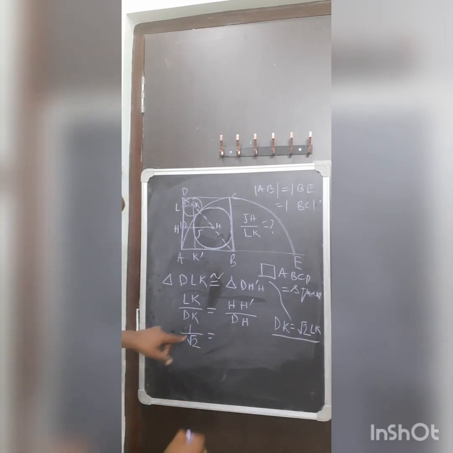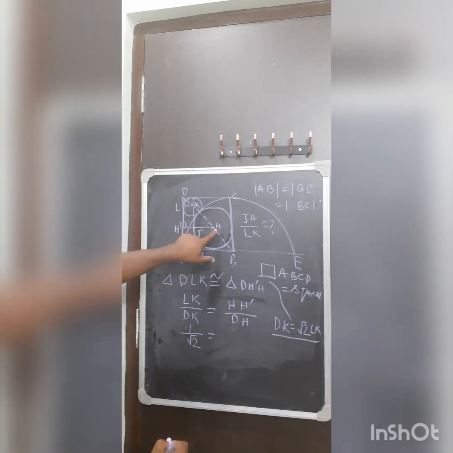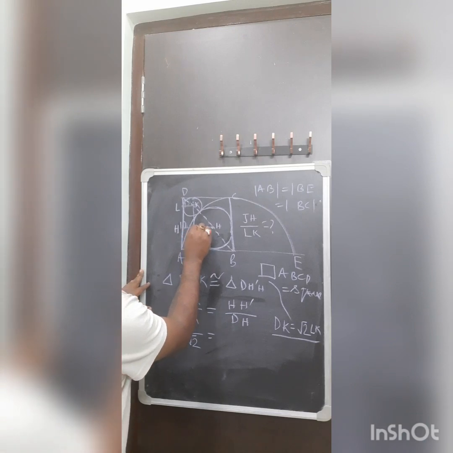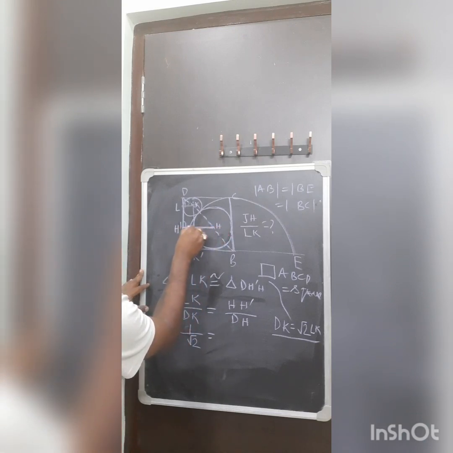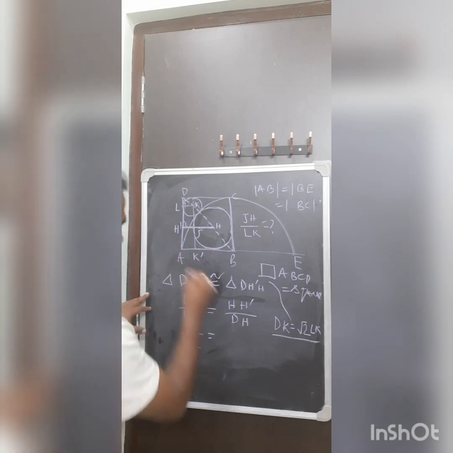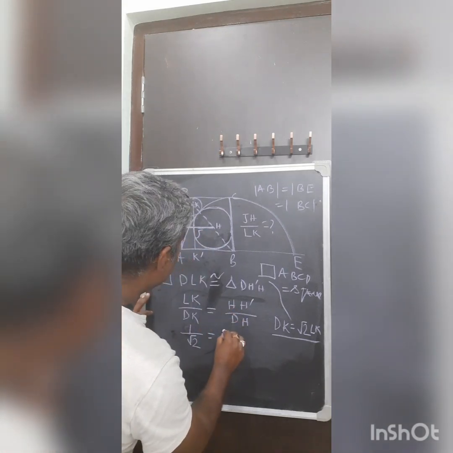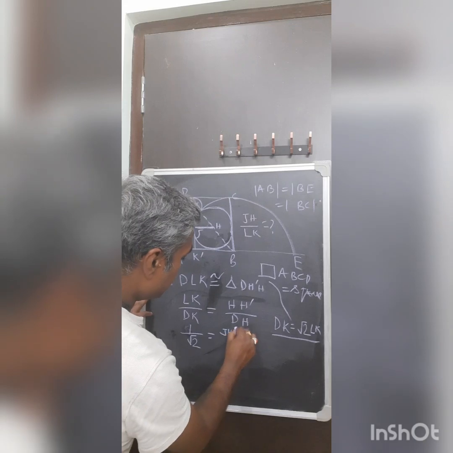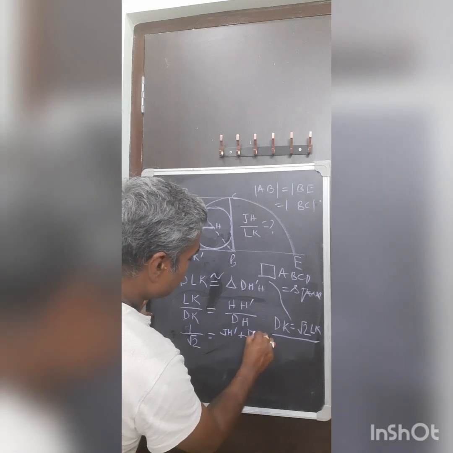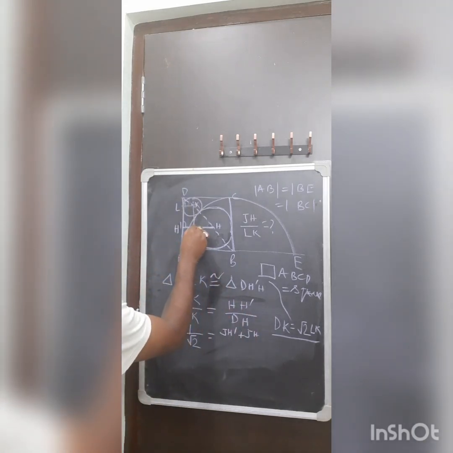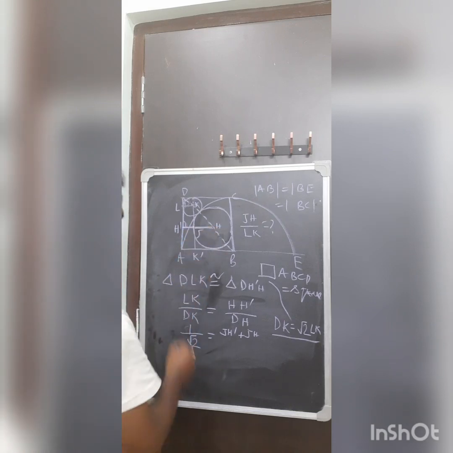Okay. Now H dash. What is that? H dash is nothing but JH plus JH dash. I am dividing it in two parts. Okay.